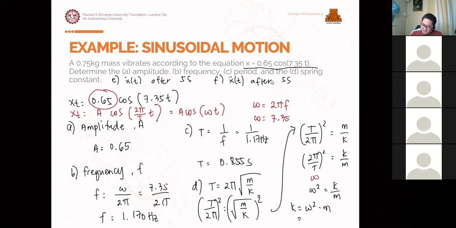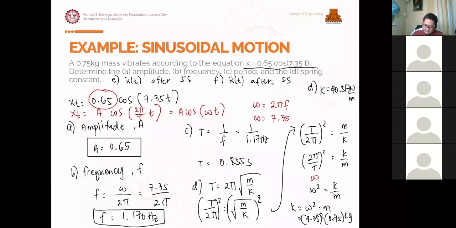So, yung value niya, omega squared, 7.35 squared times yung 0.75 kilograms natin. So, lagay ko na lang dito. Sa D natin, k is equals to 7.35 squared times 0.75 kilograms. Answer is 40.52517 Newton per meter. Okay? So, yan yung first 4 sa question natin.